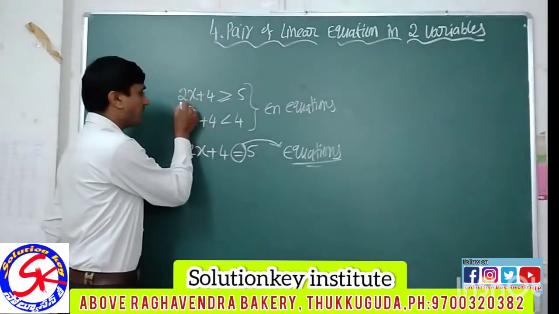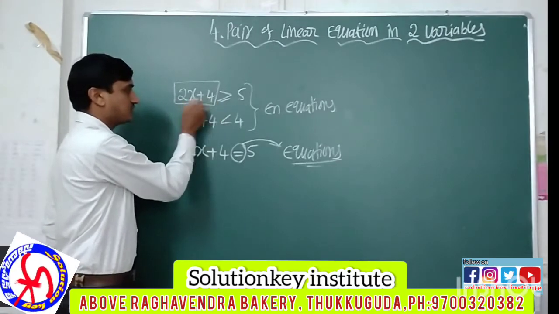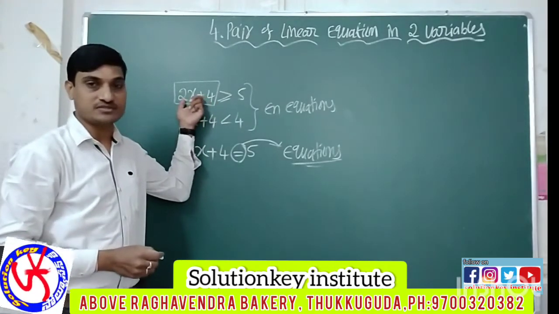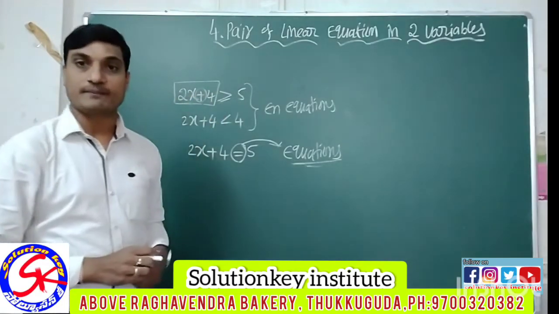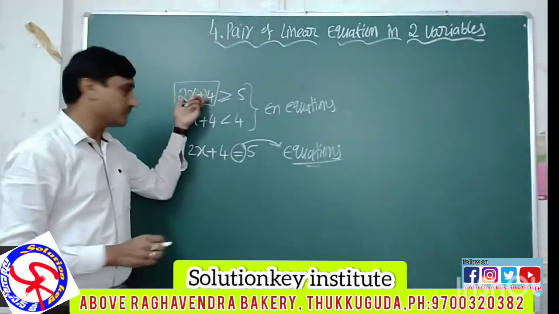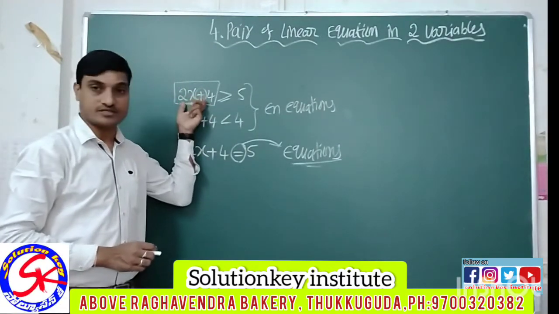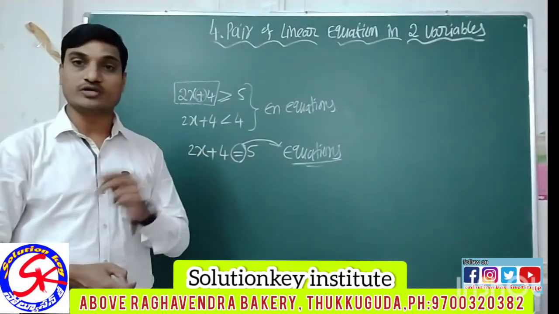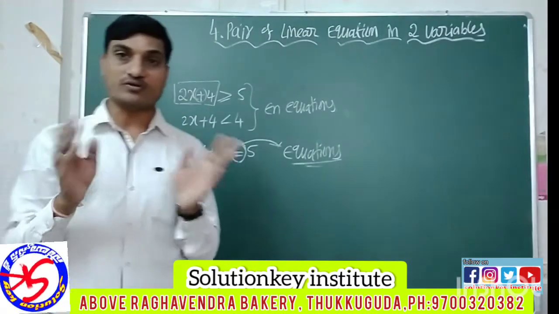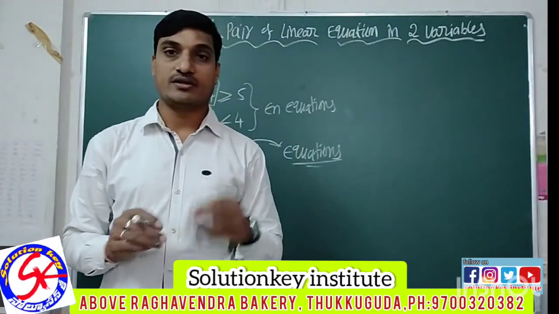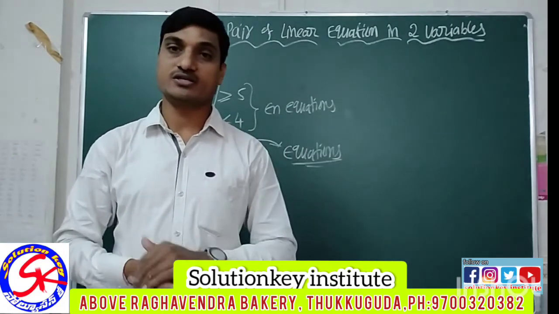For example, see this one. It has two terms. How to decide that these are two terms? In between these two there is a plus symbol. Out of the four fundamental operations, if there is a plus or minus, it is divided into the next term.